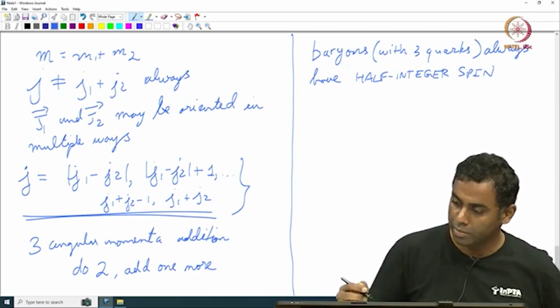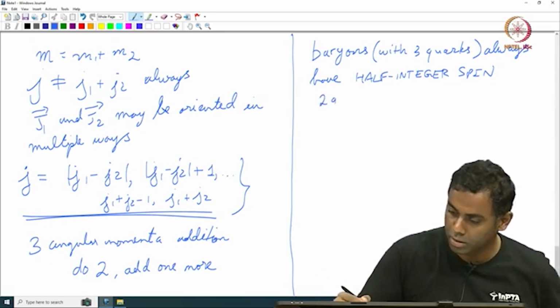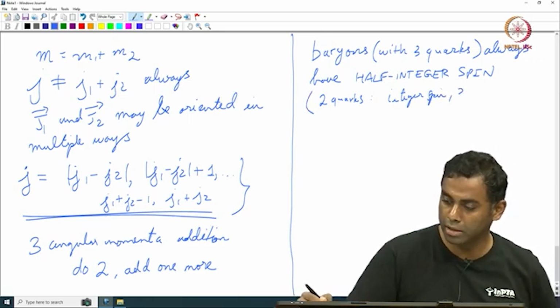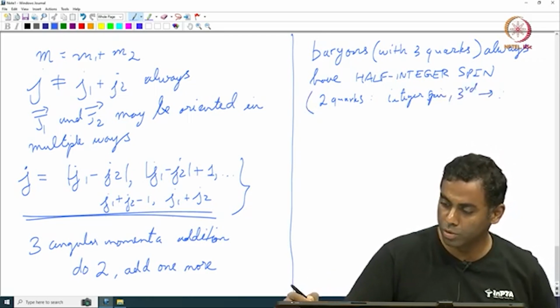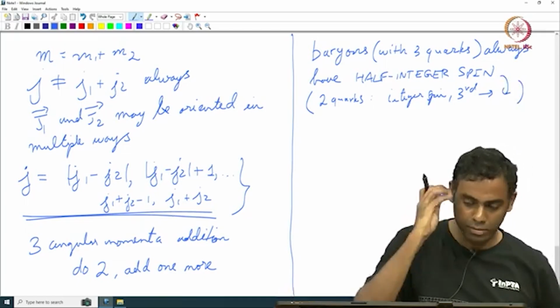Why? Because if I have 2 quarks, a 2 quark state will give me integer spin, right, and then I add a third quark, I go back to half integer spin, right, makes sense, correct.